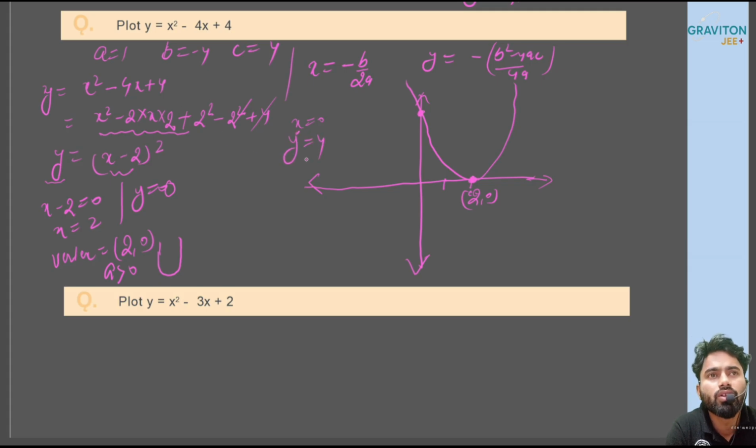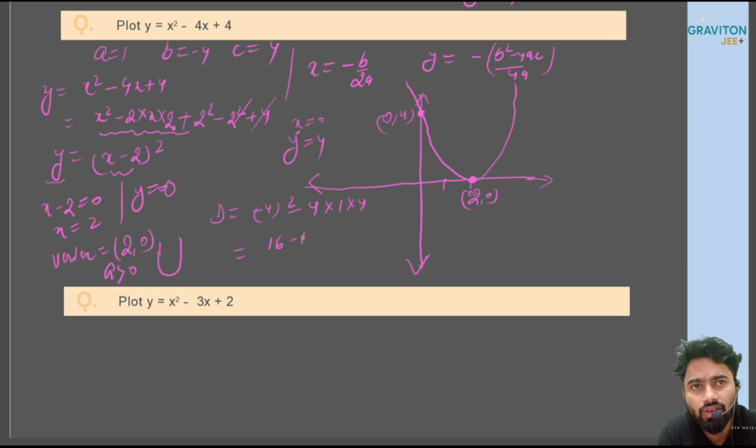So this point is 0 comma 4. You also saw that if you calculate D equals b squared minus 4ac, what is your b? Minus 4 squared minus 4 into 1 into 4. So you have 16 minus 16 equals 0.